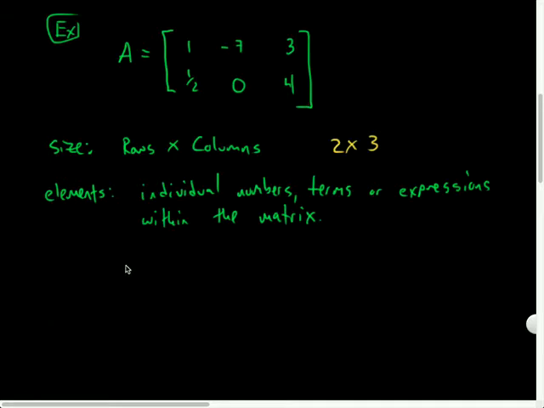You could look at A11, which would be referring to the first row and the first column. So A11, the first row is this one, the first column is this one, and the intersection between those two would be the 1 there. Okay?